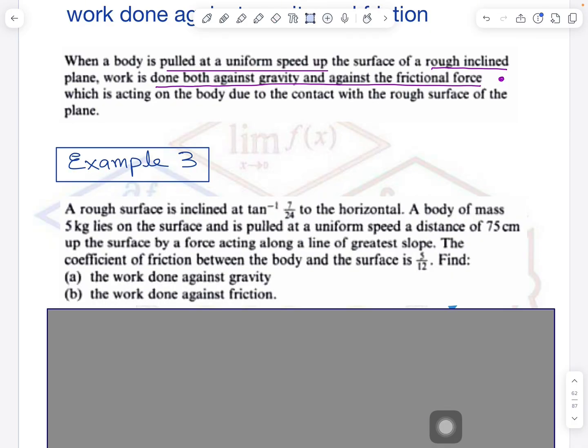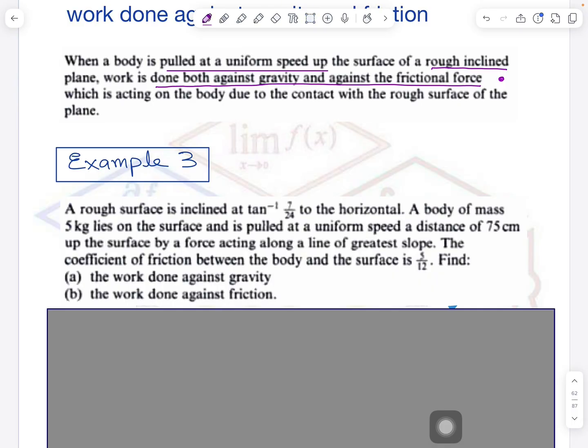Now, if you notice here, the inclined plane is at tan inverse 7 divided by 24. So this ratio will help you to understand the inclination of the plane with the horizontal. A body of mass 5 kg lies on the surface and it is being pulled at uniform speed over a distance of 75 centimeter. Now this is important.